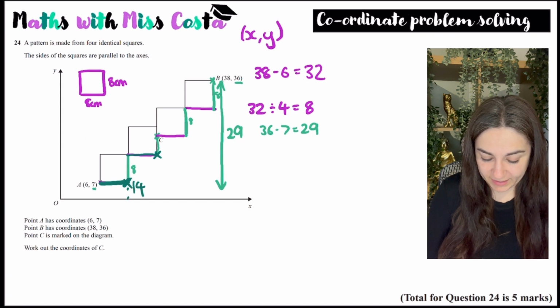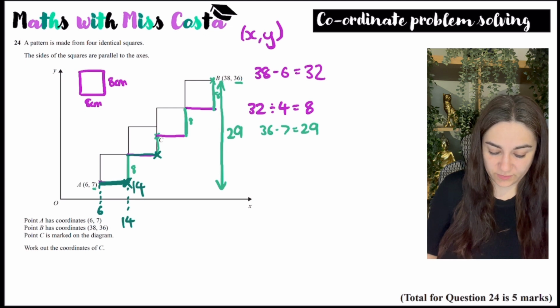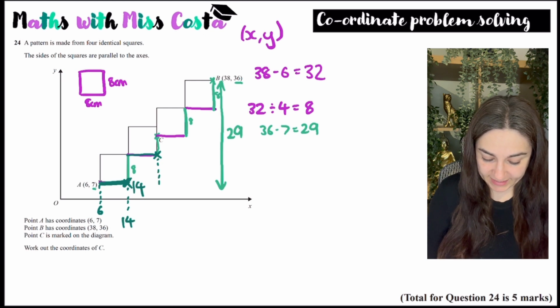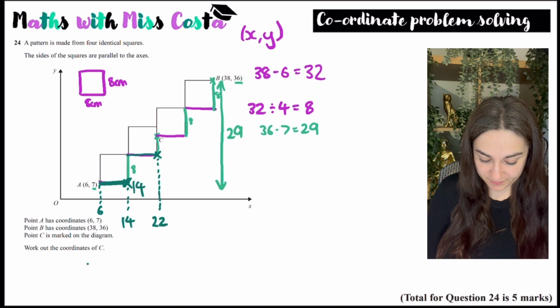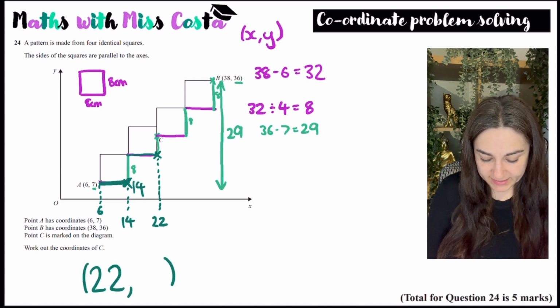So this x value here would be 14. You can just write it as your x-axis. I know that another lot of 8 is going to get me to 22. So that must mean that the x value here for the C coordinate is 22.